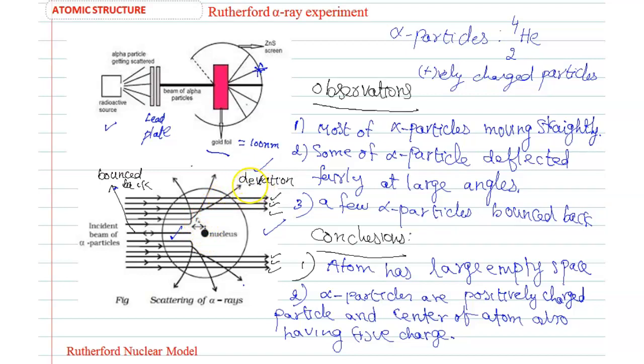In the center positive charge is there and alpha particles are positively charged, so there is a repulsion between the positive charges. Between the positive charge of an alpha particle and the nucleus, there is a repulsion. That's why they are deviated.